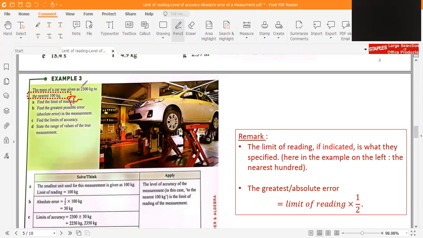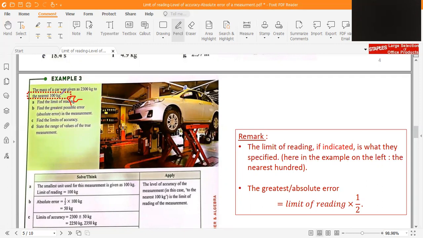The mass of the car was given as 2,300 kilograms to the nearest 100 kilograms. So this expression, to the nearest 100 kilograms, indicates the limit of reading. So how do we find the limit of reading?